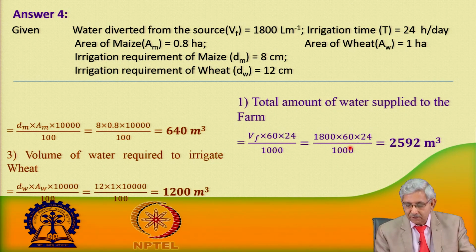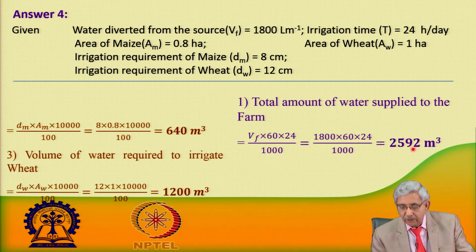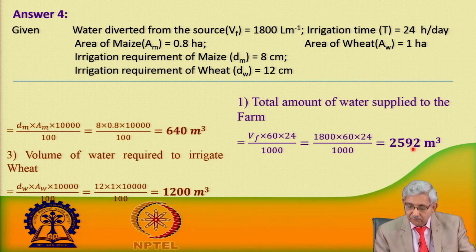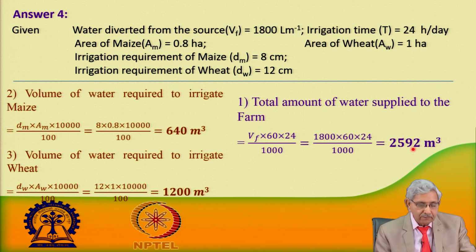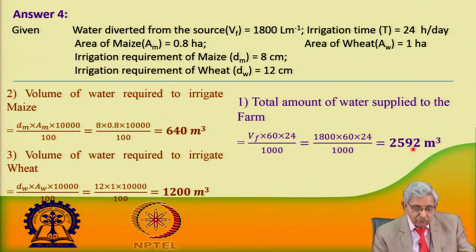So, liter is converted to cubic meter, and then the per minute is converted to daily 24 hours. So, the total volume of water supplied to the farm is 2592 when we calculate.